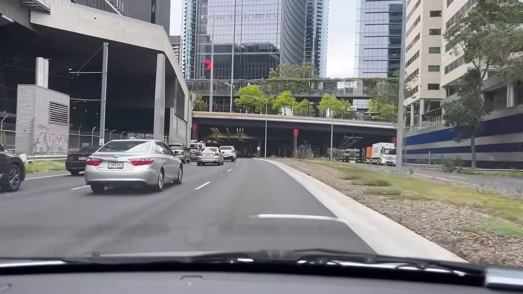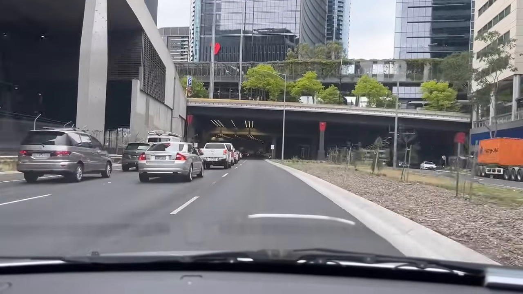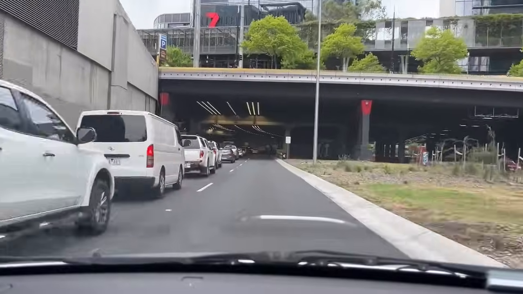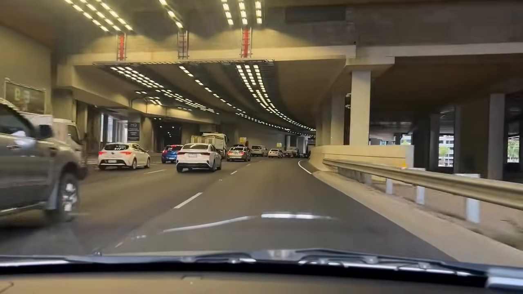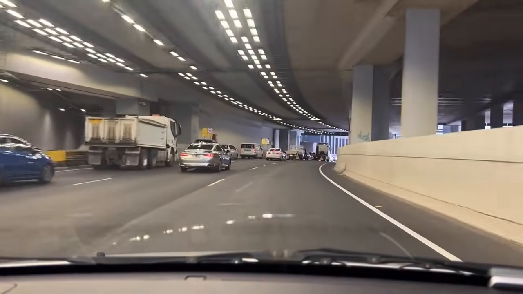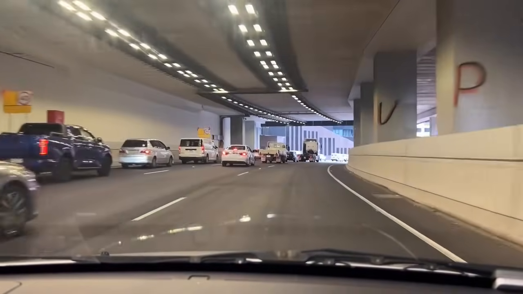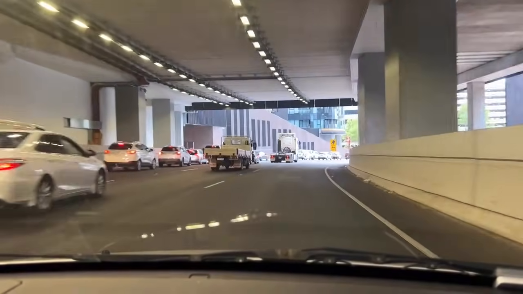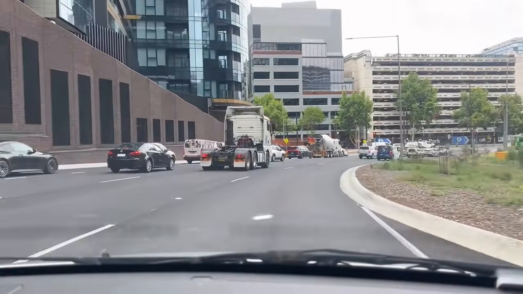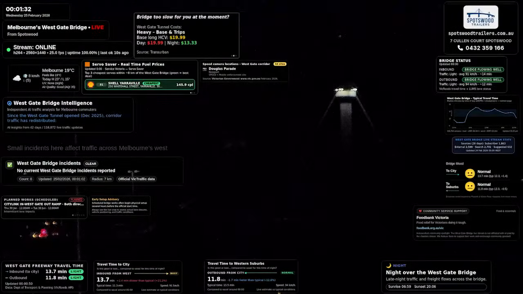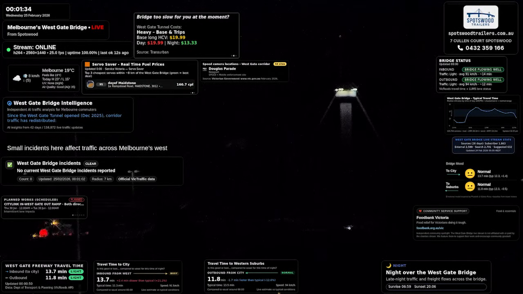So an important overlay, Westgate Bridge Intelligence Overlay. Now, this system makes heavy use of artificial intelligence. Both the system that I've put in place, so systems of systems, as well as it learns from its own code.